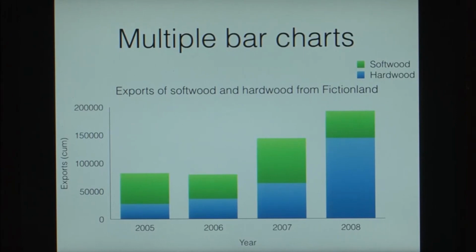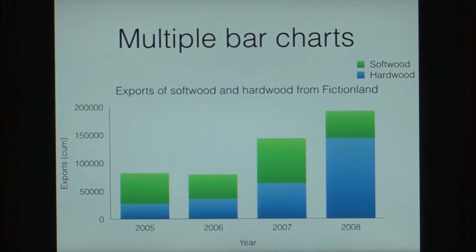Now, how do we make out these total exports? By looking at the cumulative length of the bars with the green and the blues combined. So, total exports have been increasing, and the exports of hardwood have also been showing an increasing trend if you look only at the blue portion.